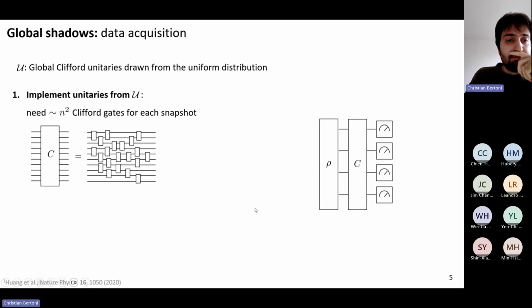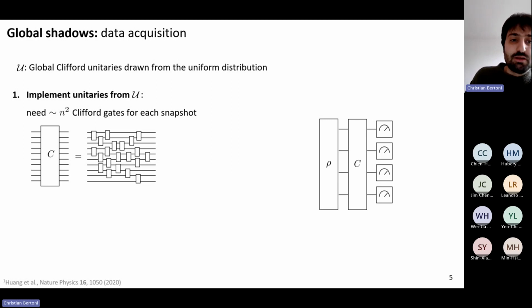So the first point, and now I will go point by point and see how these problems are solved in this case. Can we implement unitaries from the Clifford group? And this first point is always, of course, hardware dependent. There is no universal truth here. It depends on the hardware.